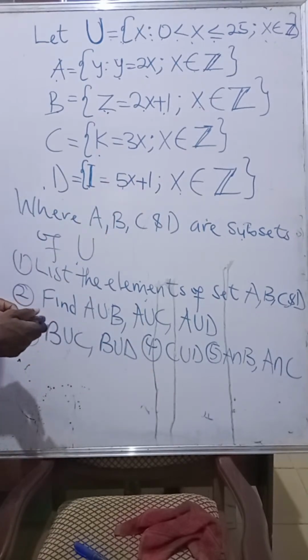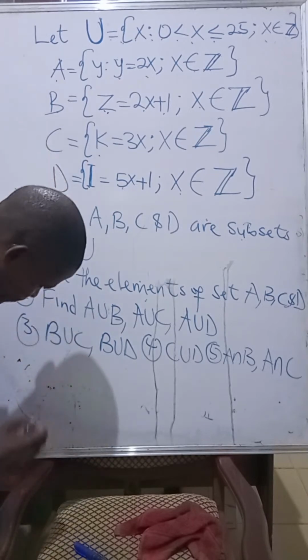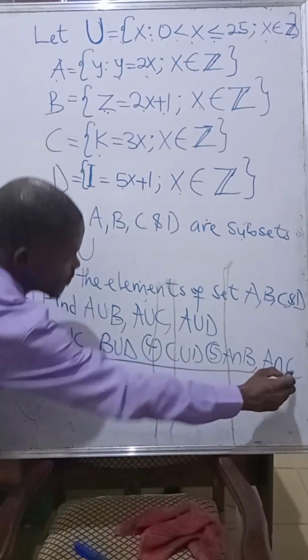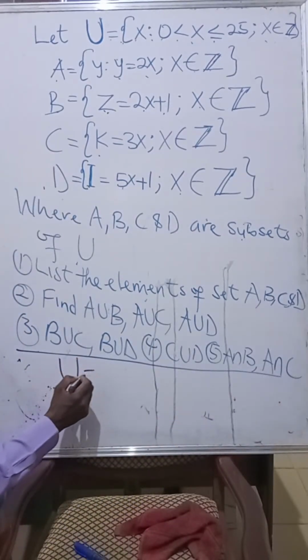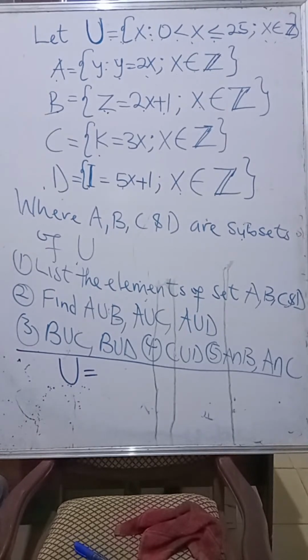So let's quickly list the elements, first for the universal set. We have 0 < x, but x is less than or equal to 25, and x is a positive integer.